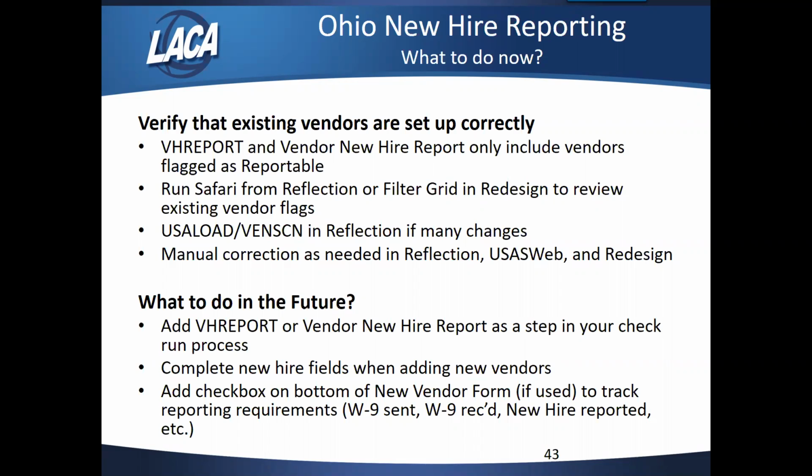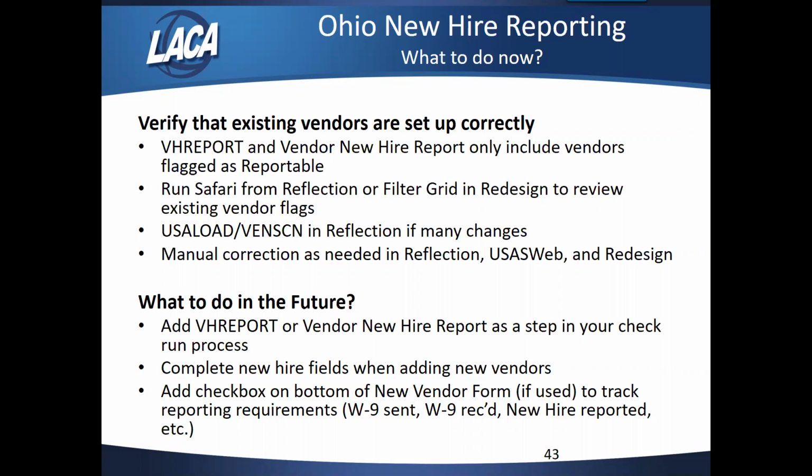If you want to verify that your vendors are set up correctly, in Classic, we recommend you run a Safari of your vendor information and look at the flags and see if anybody needs to be modified. And then in Redesign, we would recommend you go to your vendor grid, add any of those new hire fields to your grid using the More button, and filter your grid and see which vendors are set up to be reported and which are not, and see if you need to modify any of that information.